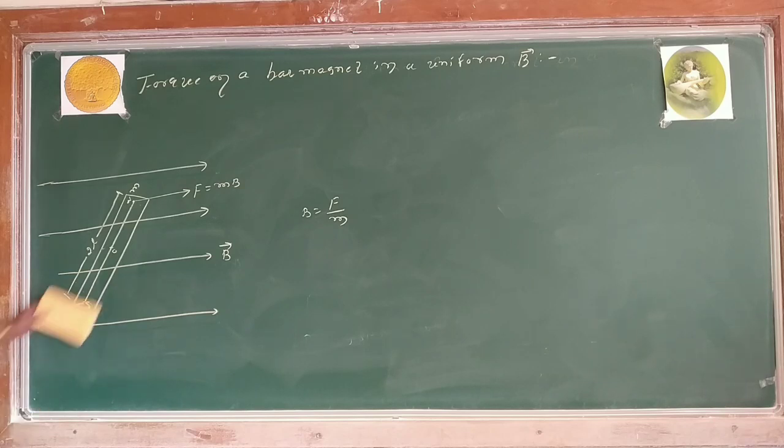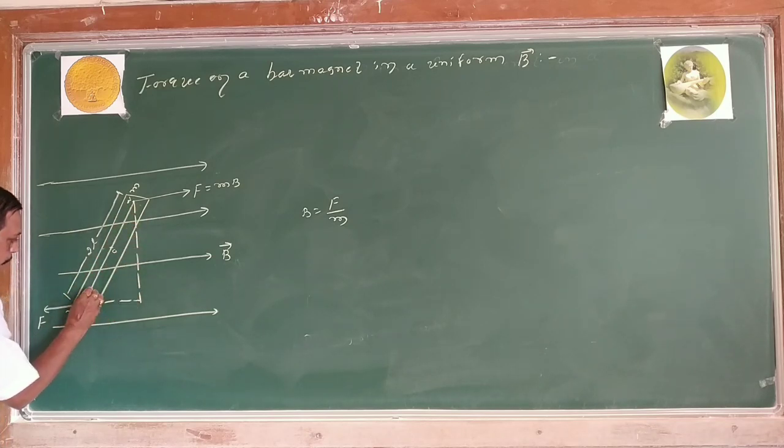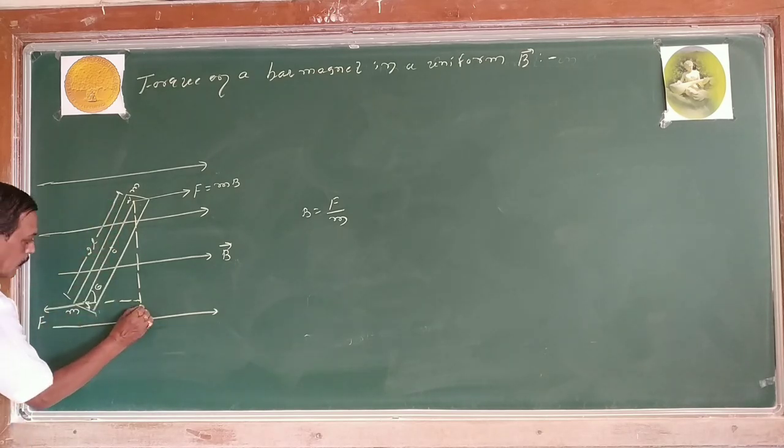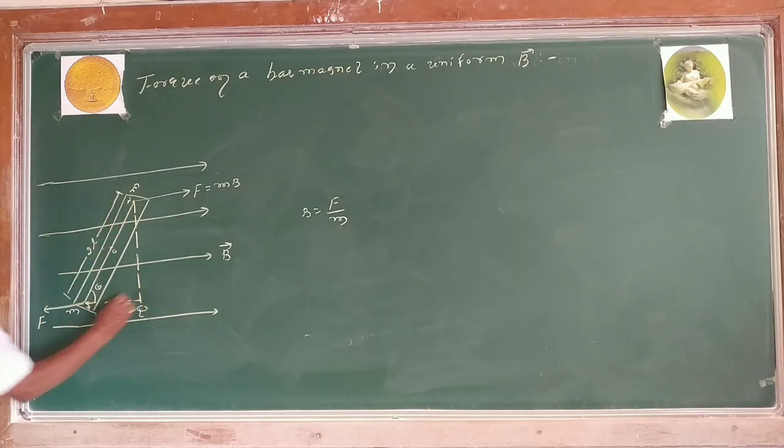The two forces are equal in magnitude but opposite in direction, acting at two different points, and constitute a couple or torque. Now this is the perpendicular distance. It makes an angle theta. This is S, N, this is Q, I call it. This is my figure.